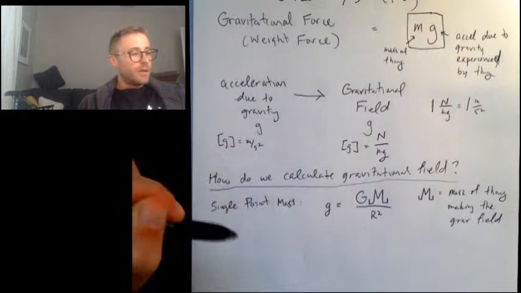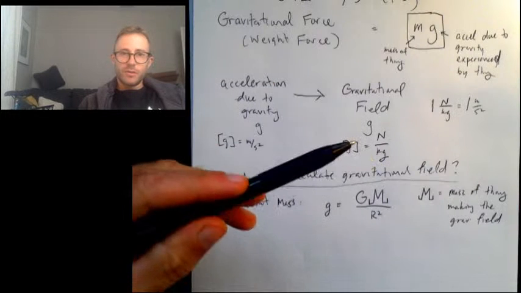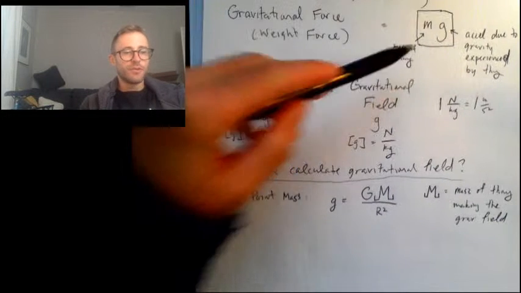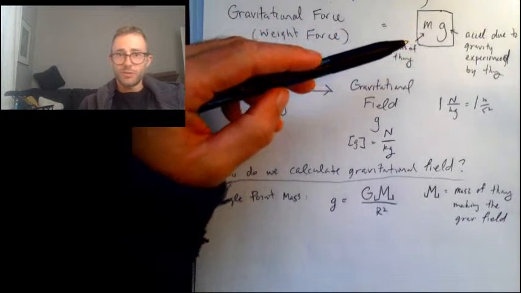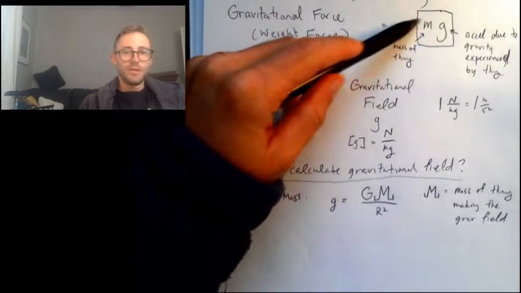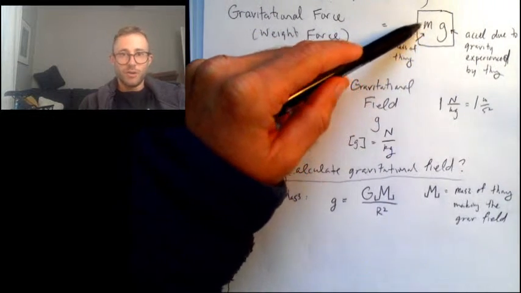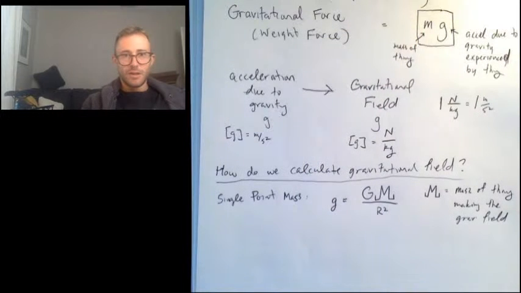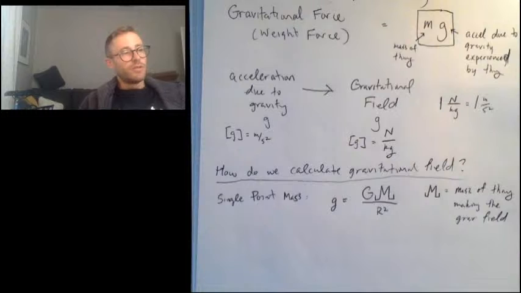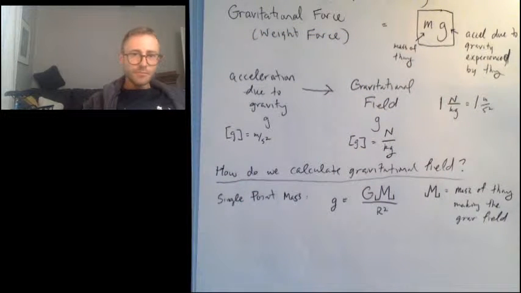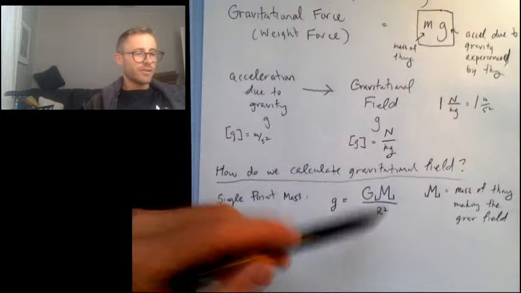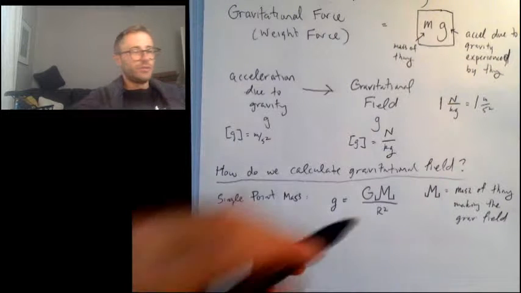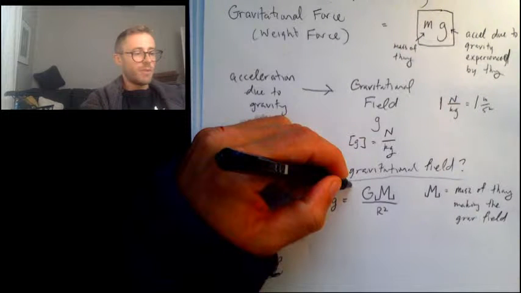If we were talking about the gravitational force experienced by the Earth as it orbits the Sun, then little m would be the mass of the Earth, and big M would be the mass of the Sun. So it's all about perspective. If we were on the Moon, then little m would be our mass, and big M would be the mass of the Moon. So that's how we calculate the gravitational field due to a single point mass.